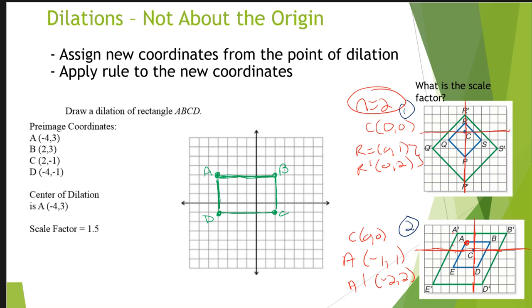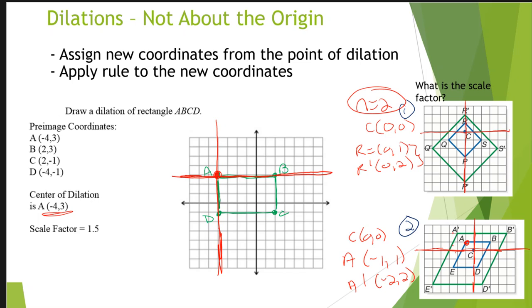I would first graph that point of dilation, the center of the dilation. In this case, that's negative 4, 3. So that is the point A. At that point, just like we did with the rotations, you want to reestablish a new origin. So this is now my origin.